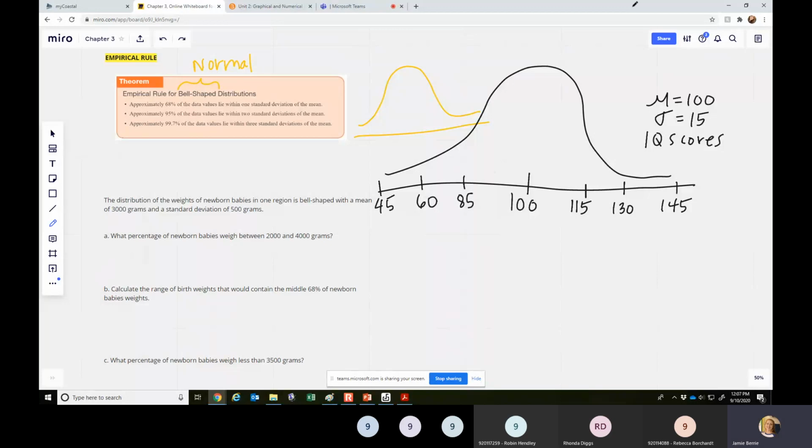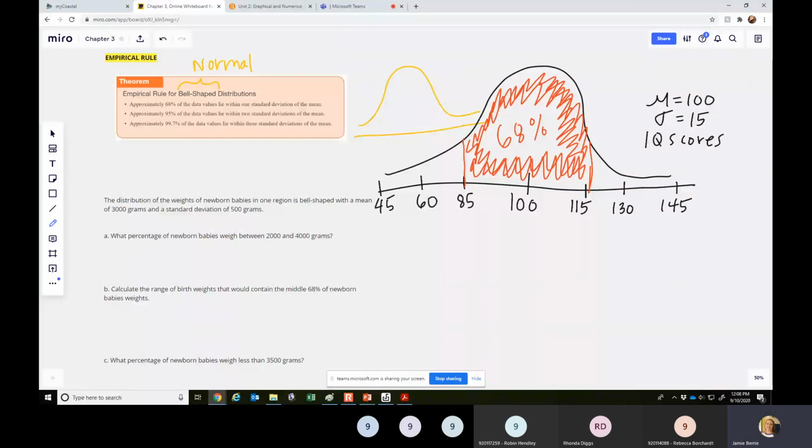That means about 68% of people in the class would have an IQ between 85 and 115. I'm just going to shade this part in. So 68% of the class would be in this shaded area.